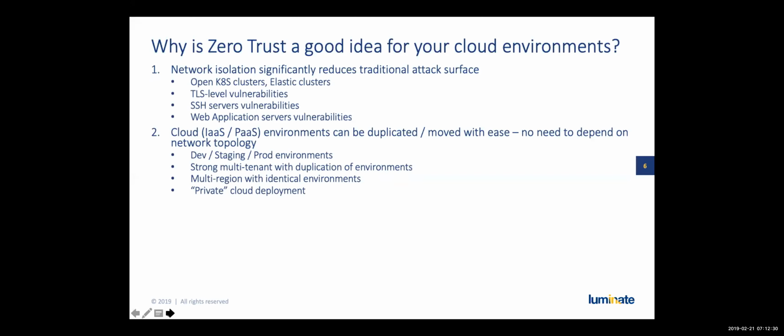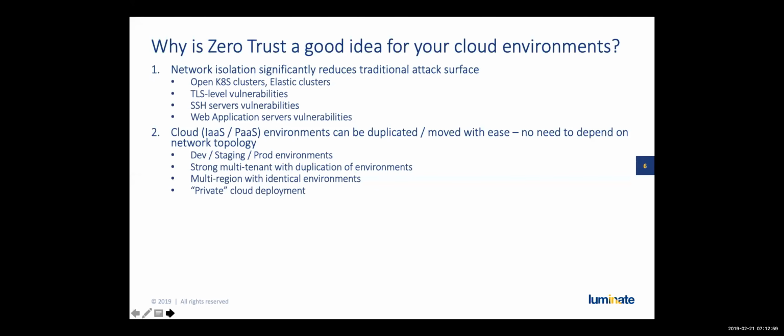Second point is that cloud environments, the data centers consisting of compute, storage, and many other resources, when software defined, can be duplicated either for different stages of development or for different customer environments, or even provided within different regions, and not only duplicated but moved with complete ease, right?